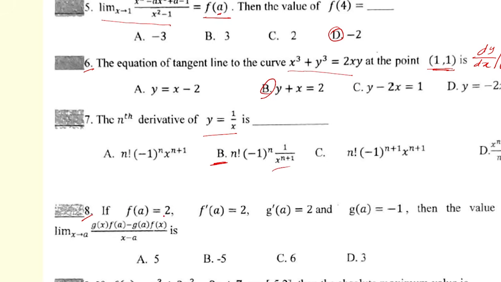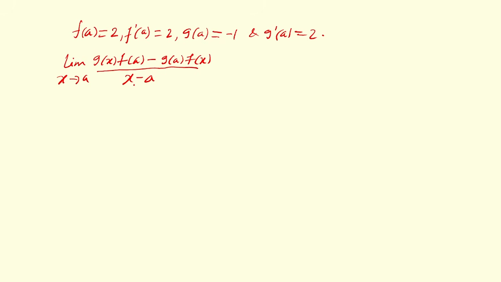If f of a is 2, f prime at a is 2, g prime at a is 2, g of a is minus 1. Then the value of this one. Let's see. Look what we have. Evaluate this one. But what do you know?